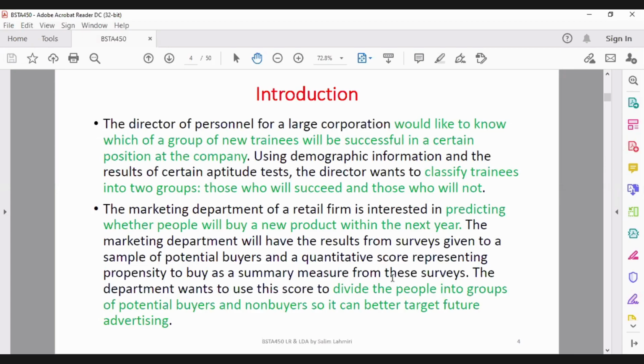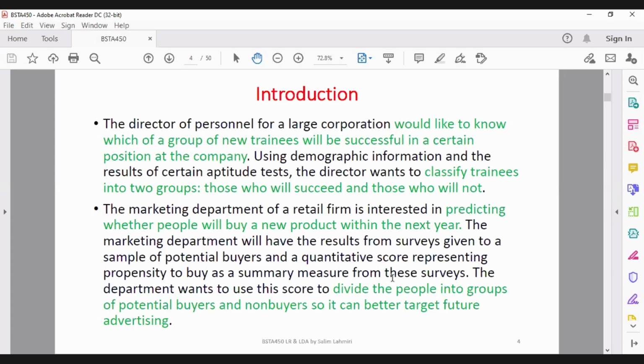Another example: the marketing department of a retail firm is interested in predicting whether people will buy new products within the next year. The marketing department will have results from surveys given to a sample of potential buyers, and a quantitative score representing propensity to buy, or likelihood to buy, as a summary measure from these surveys.